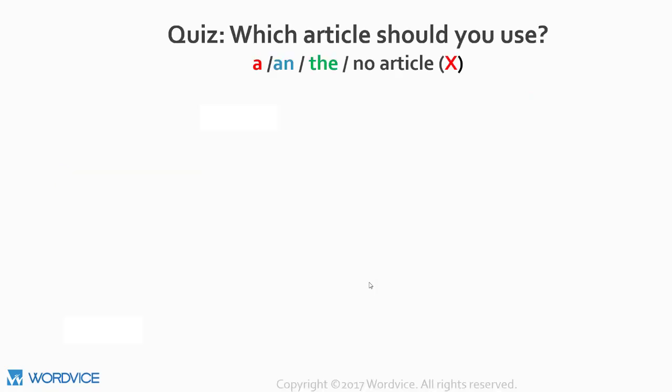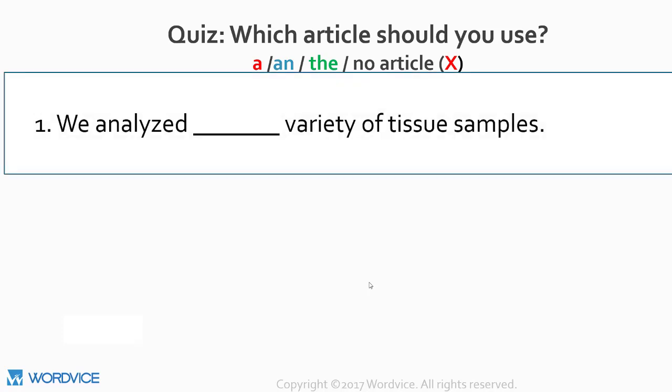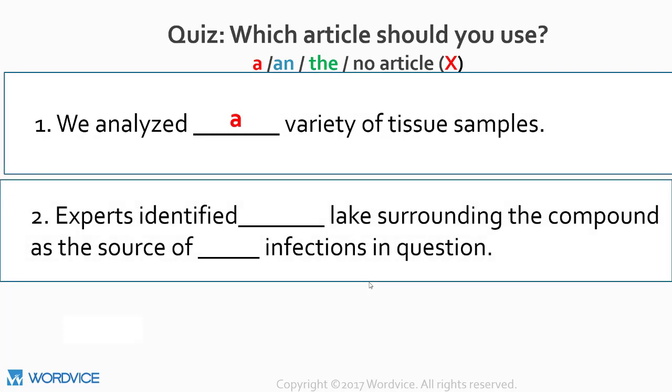Using the rules we've learned regarding article use, let's take a quiz to see if you can decide which, if any, articles should be used. We analyzed a variety of tissue samples. Experts identified the lake surrounding the compound as the source of the infections in question.